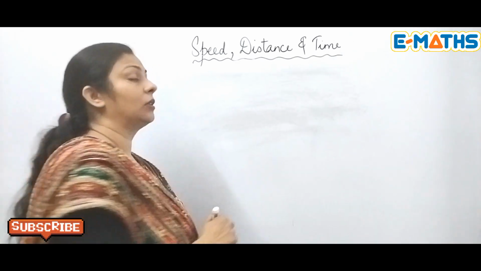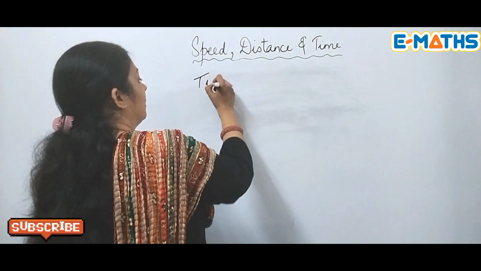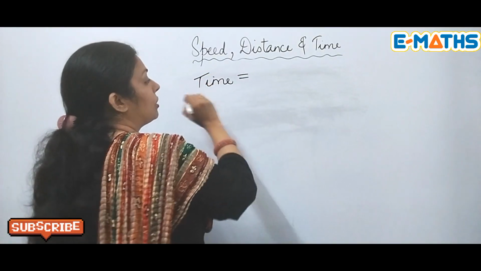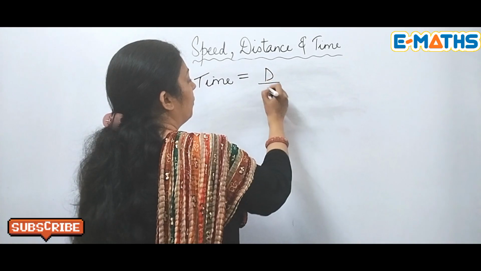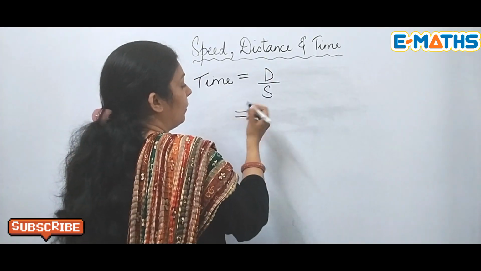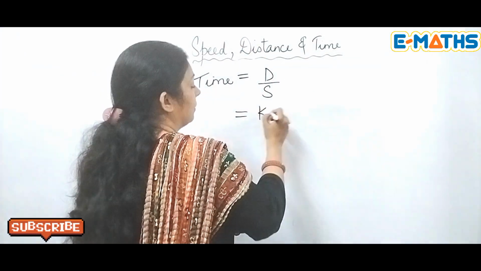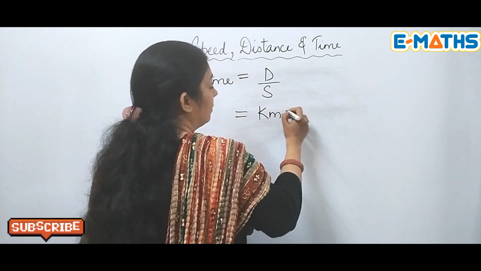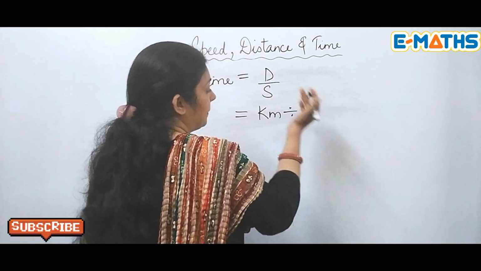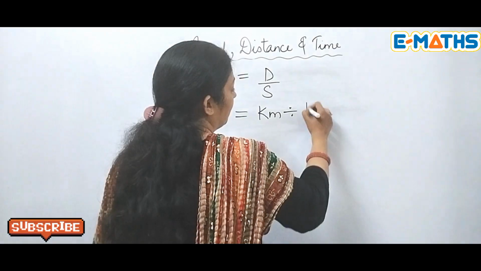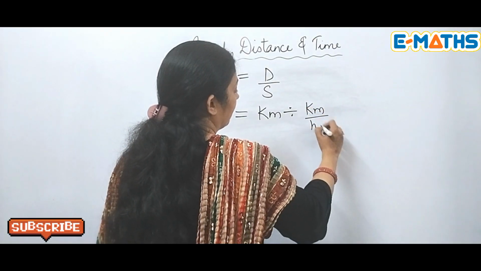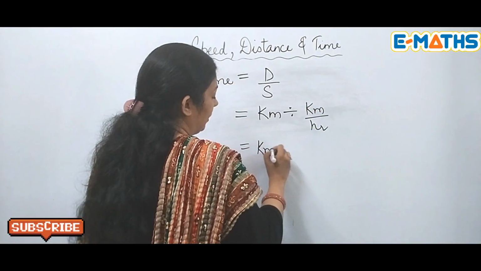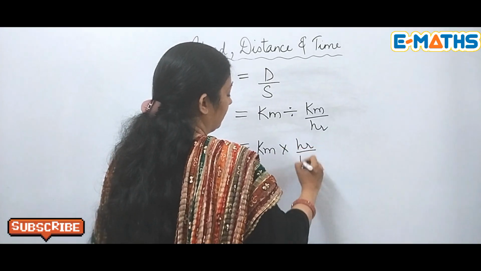Now talking about the last thing, and that is time. Time is equal to distance upon speed. In a similar way we are going to find out the unit for the same. Speed is measured in kilometer per hour, so if we have to calculate this, it will be hour per kilometer.